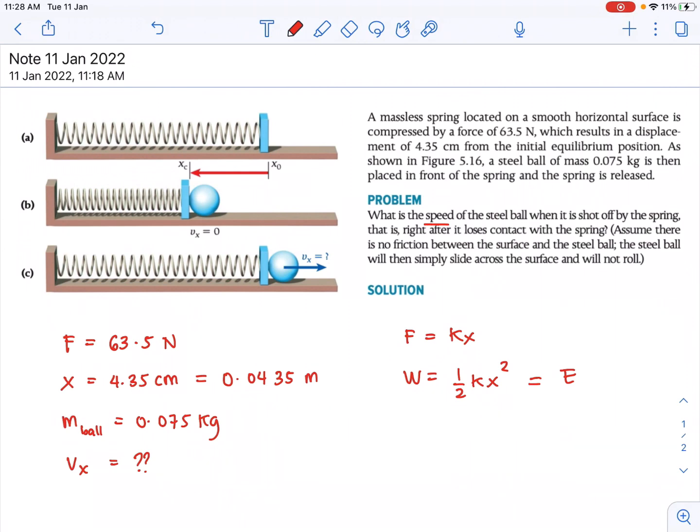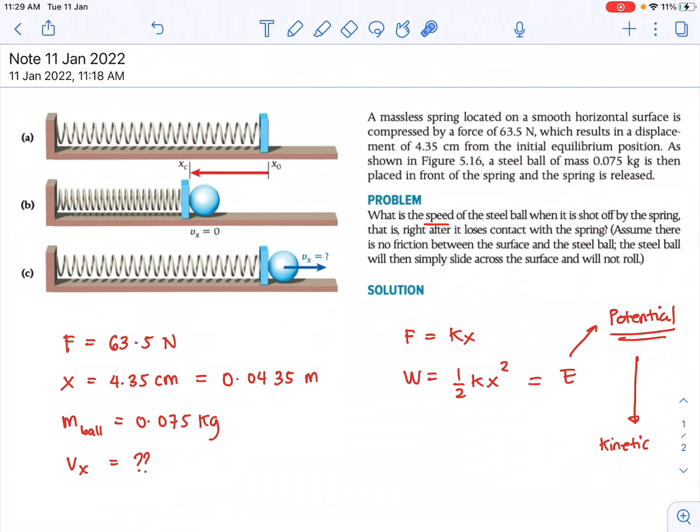This energy could become the potential energy of the spring. And when the spring decompresses, as in part C, this potential energy becomes kinetic energy, which will be given to this ball right here.